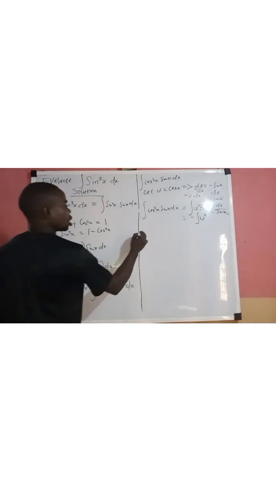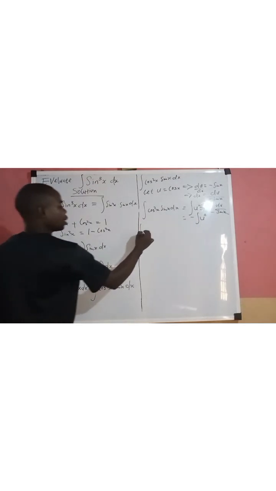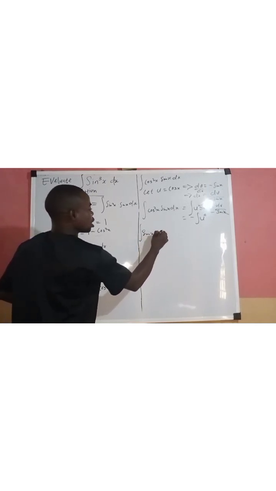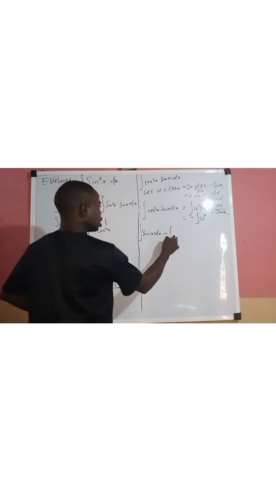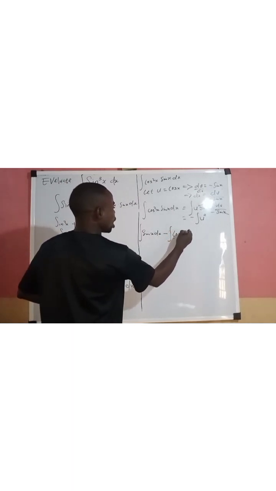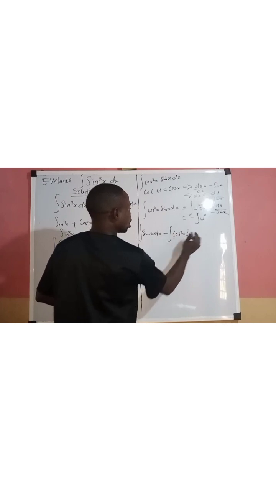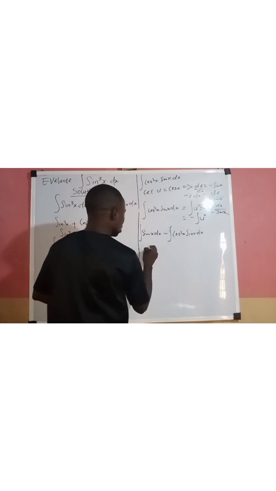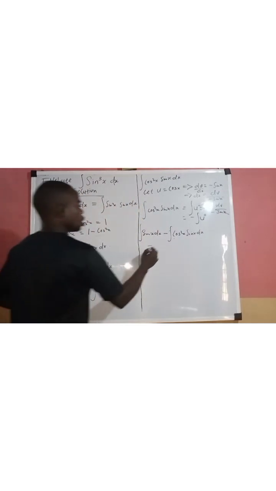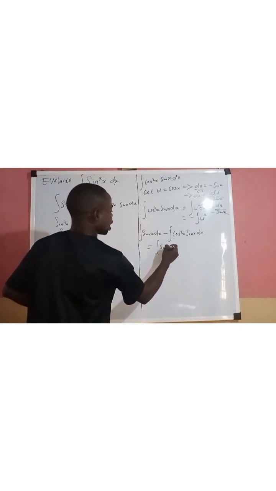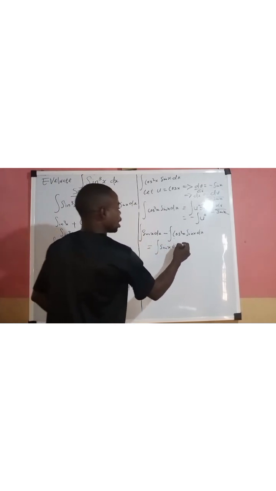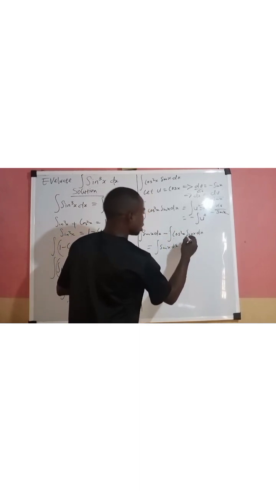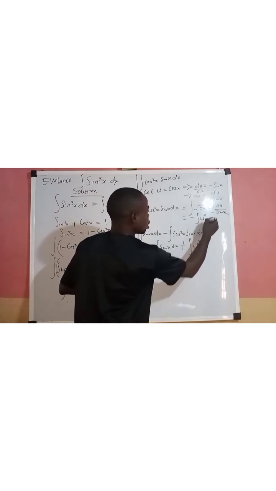So let me write integral sine x dx minus integral cos squared x sine x dx is now going to be equal to: we have the integral of sine x dx, and then this minus will multiply this minus, so we now have plus the integral of u squared du.